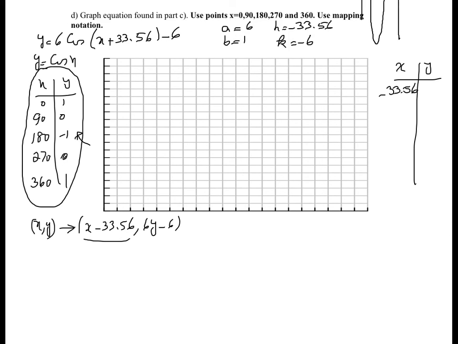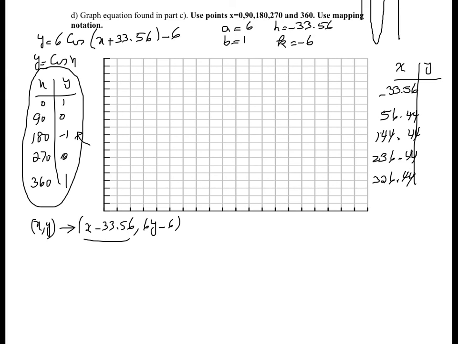When x is 90, 90 minus 33.56 gives us 56.44. When x is 180, we get 144.44. When x is 270, we get 236.44. And when x is 360, we get 326.44.